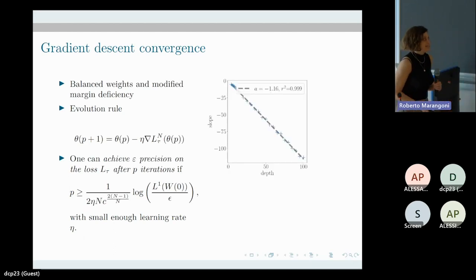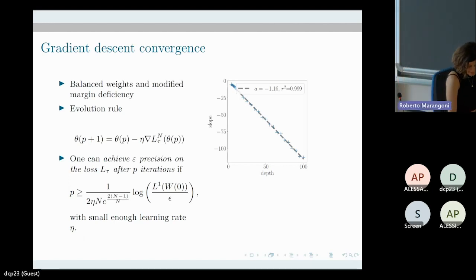Here we can see the linear convergence of Bures-Wasserstein gradient descent as a function of depth. We vary the depth, but we fix the minimum singular value.